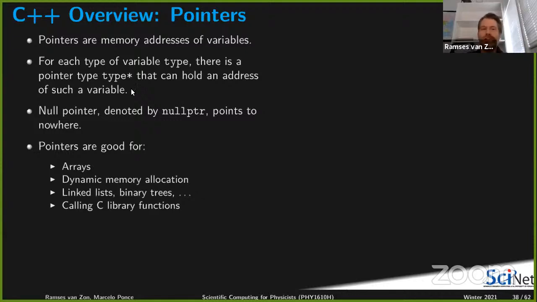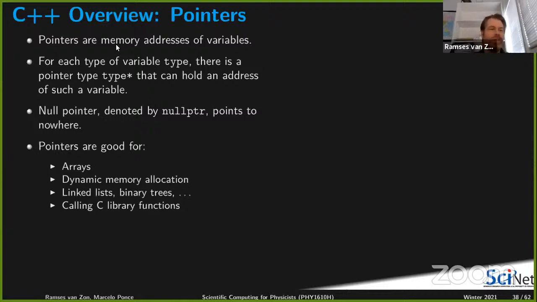So the int star, for instance, for an integer, that is a memory address that can only work for integers, or that insists that what it is pointing at is an integer. Might be a better way to say it. There's a special pointer that doesn't point anywhere. It's called a null pointer, which is good to initialize pointers to, so you know that it hasn't been pointed at.